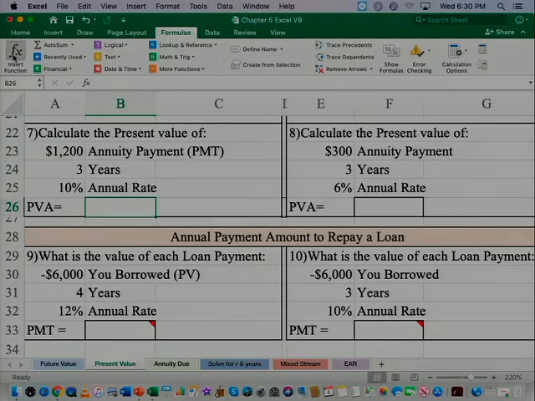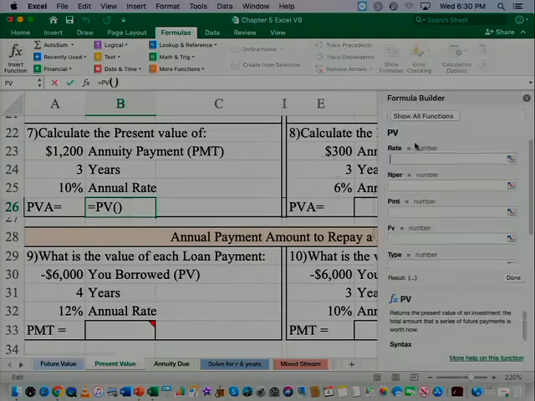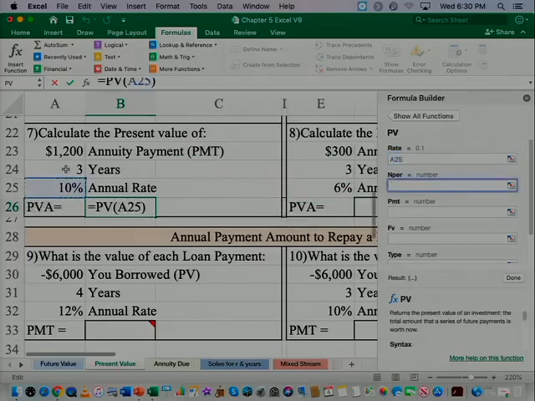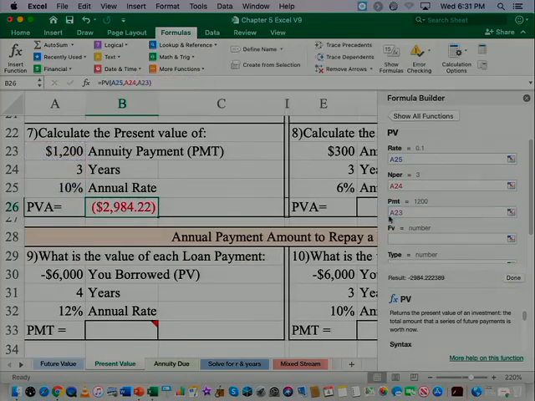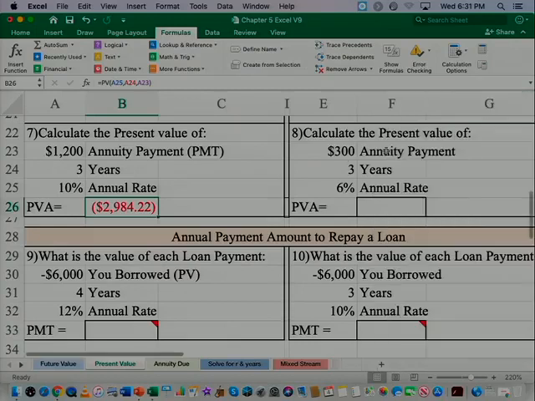So again, we're going to use the present value function, but now we have the rate, N per, and this is going to be a PMT, a payment. So we're going to click this under payment. So those 3 variables, and it's going to say that the $1,200 a year for 3 years, the present value of that is about $2,900.